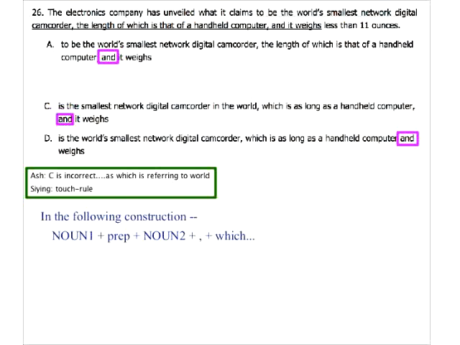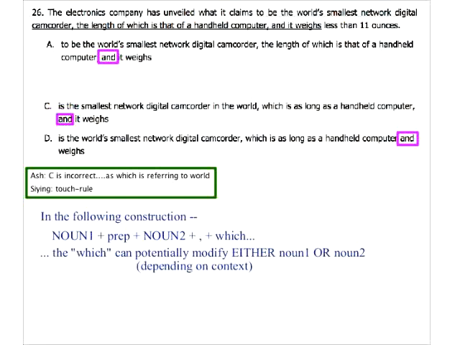The way that you tell which one it modifies is you use the context of the sentence. So for example, in number 26 of the Official Guide 12, I can't put the whole problem up there, but I think I'm under fair use by using one fragment of it.